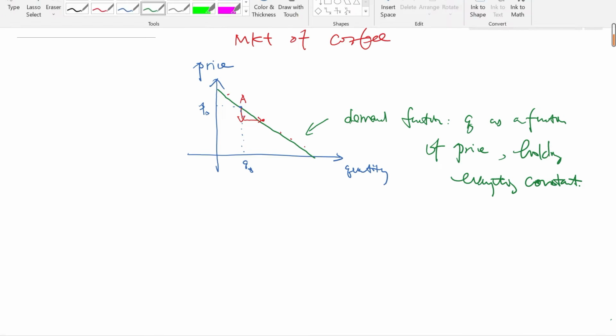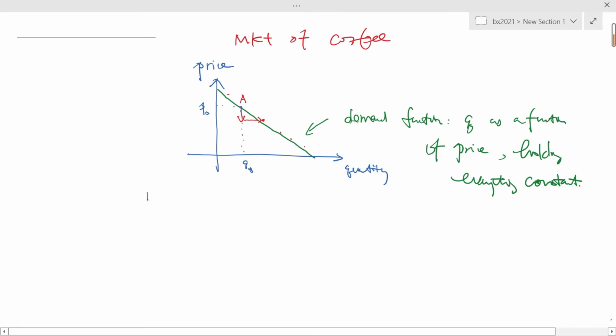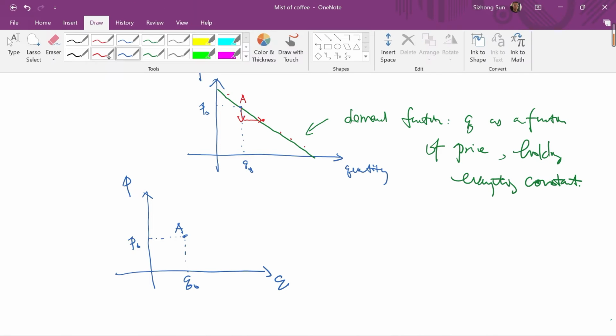Let's look at supply. Again, let's start by picking a particular point, say point A, which means the price is P0 and the quantity supplied for coffee, again this is the market for coffee, is Q0.